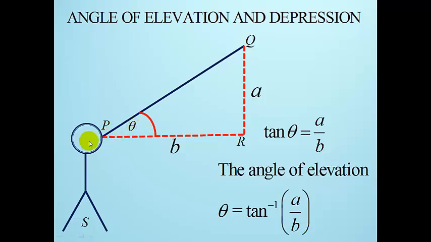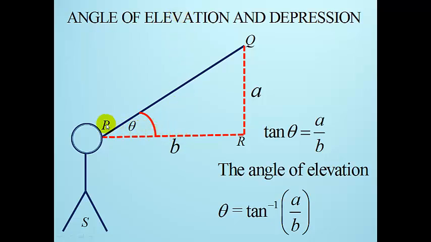I repeat, suppose you stand at S and you are looking at an object above your height. The angle between the line drawn from your eye to the object and the horizontal to your eye, that is PR, is the angle theta. That is the angle of elevation.